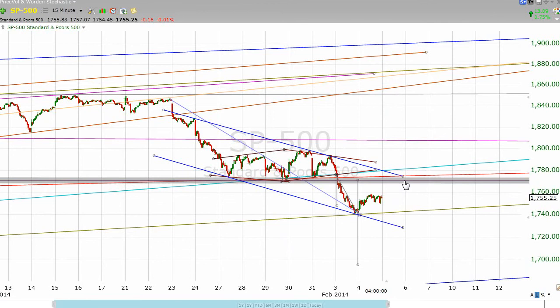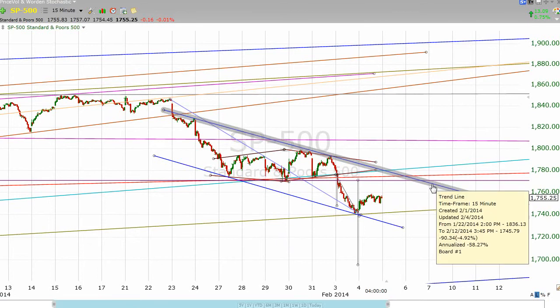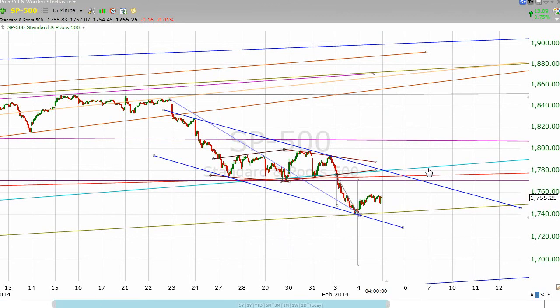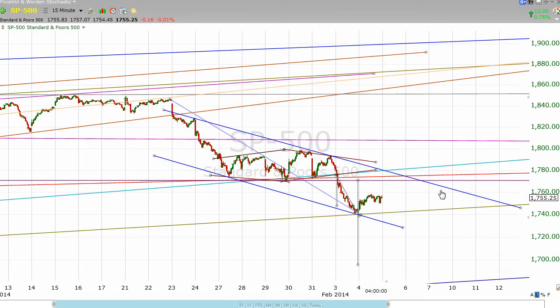So I'm thinking we'll extend this line on down here, and whenever the S&P has the strength to get over this line, whether it's tomorrow, Thursday, or Friday, or whether it's 2 weeks from now when we're around 1700, I think I'm pretty comfortable putting this line on the chart as an indicator that the selling is done with, and we are now in the process of reversing back up.